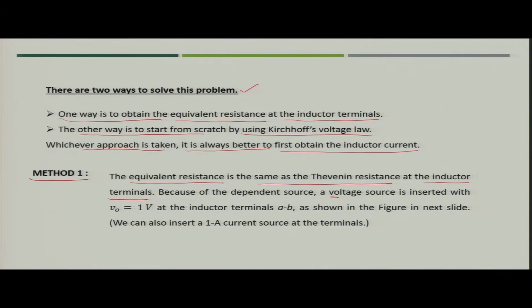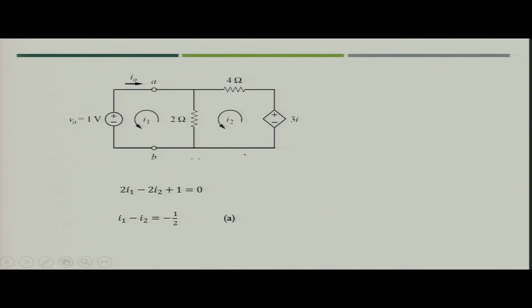We can use a voltage source, let us say of 1 volt, at the inductor terminal AB, which is shown in the next slide. So, what we have done? We have removed the inductor from terminal AB and added one voltage source equal to 1 volt.